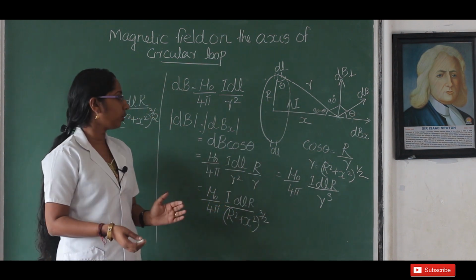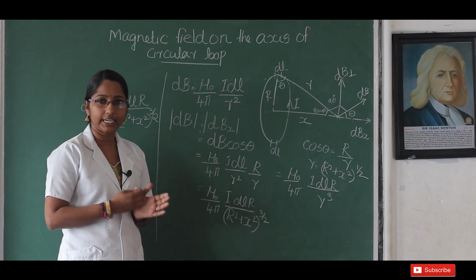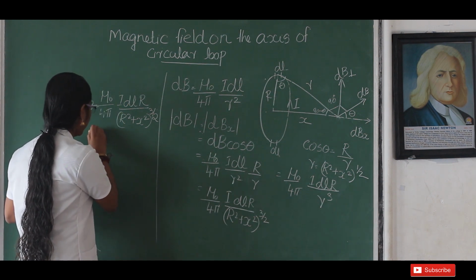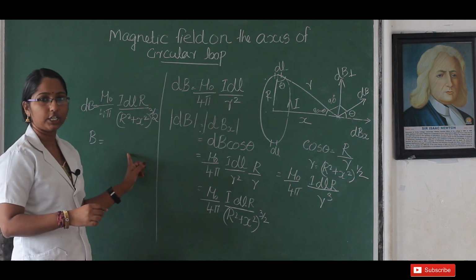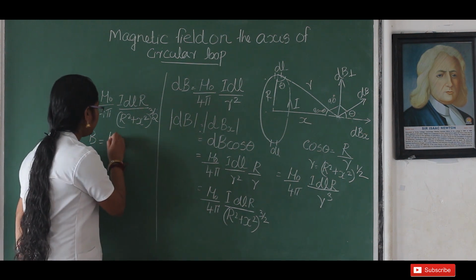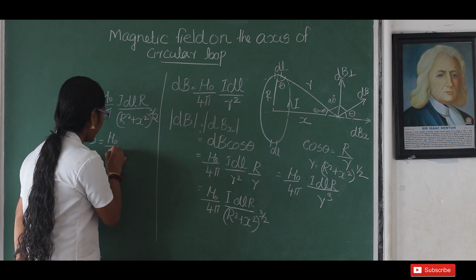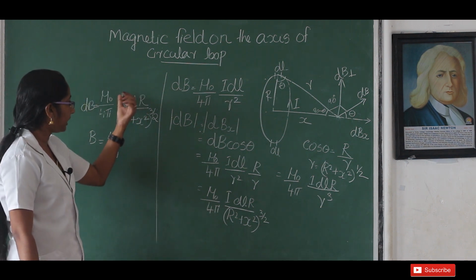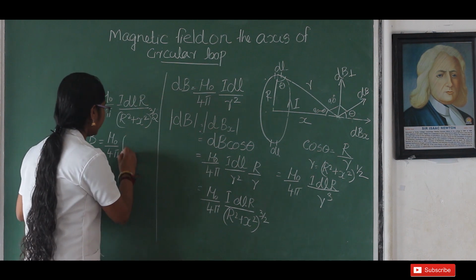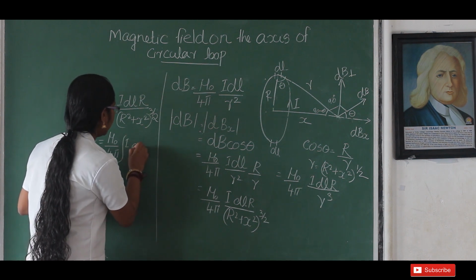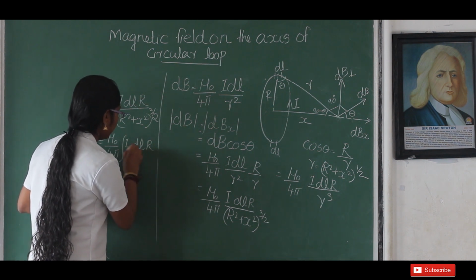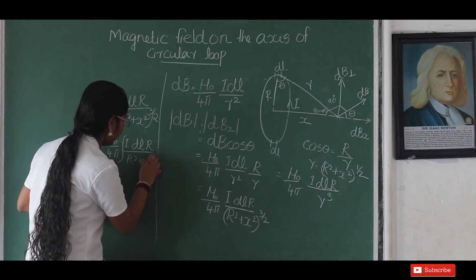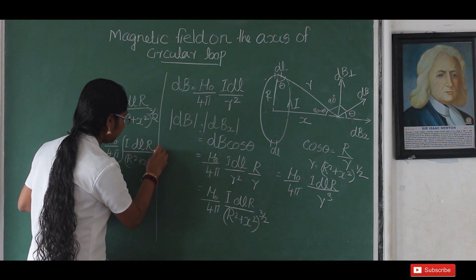Okay, then when we are doing this, we want to integrate this one. Then we get B, the total magnetic field, equal to mu 0 by 4 pi. We know this is constant and we want to integrate the remaining terms. Then it becomes I dl r divided by r square plus x square raised to 3 by 2.